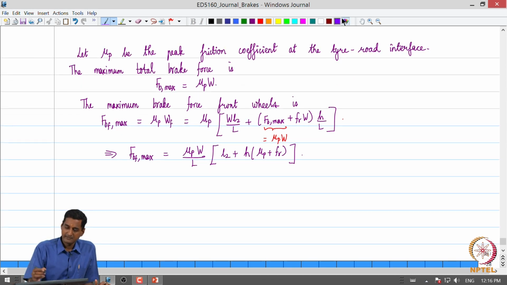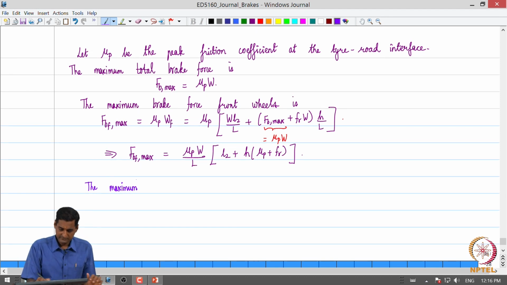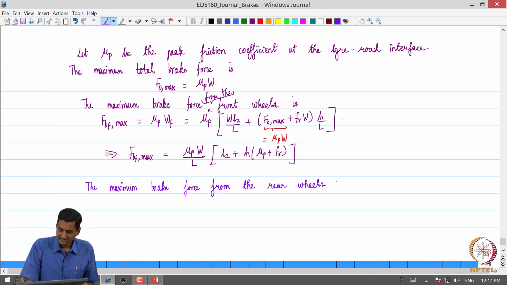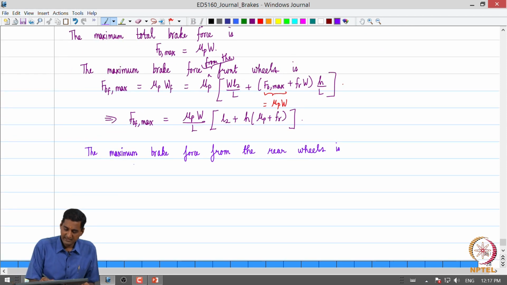Similarly, the maximum brake force from the rear wheels, FBR max, is equal to mu p times WR.